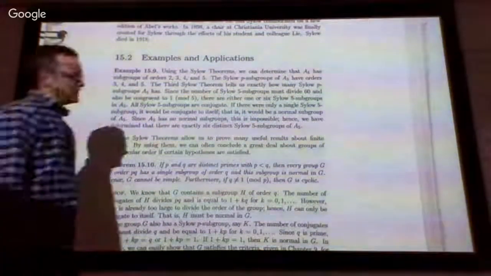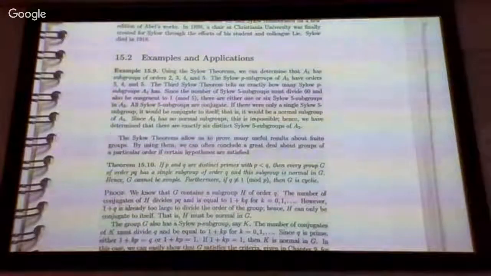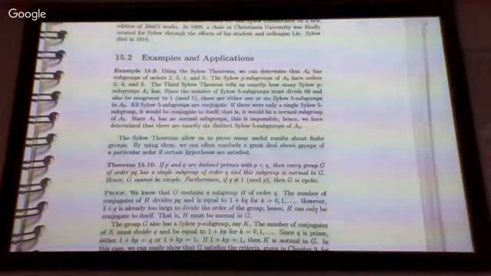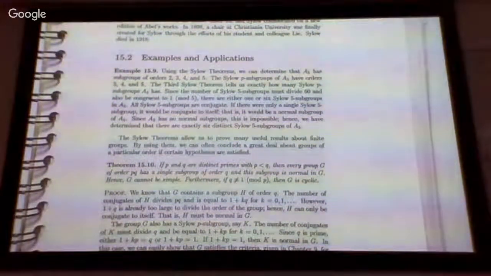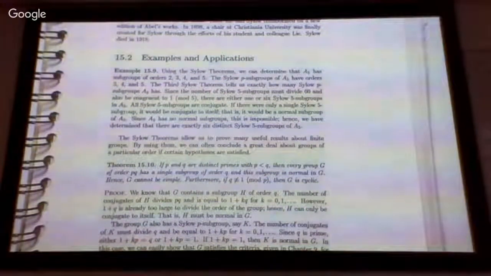So if it was the case that there were only a single one, if K5 was equal to 1, then what you're saying is for every g in A5, the conjugate of this Sylow p subgroup, what we'll call H. So let H be a Sylow 5 subgroup.